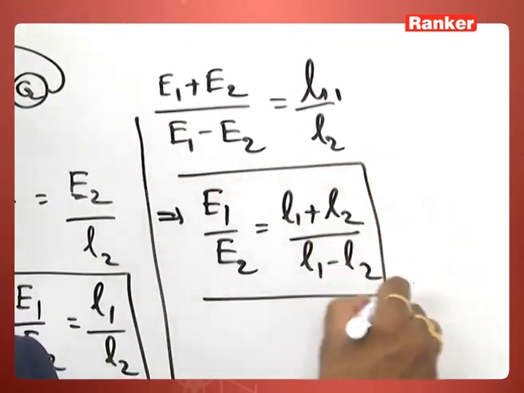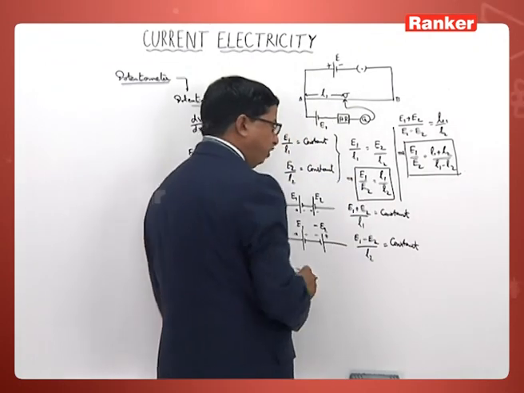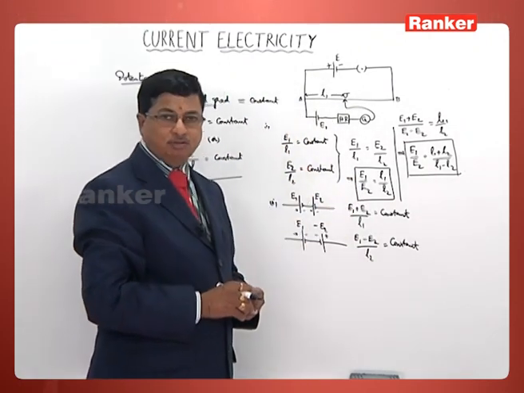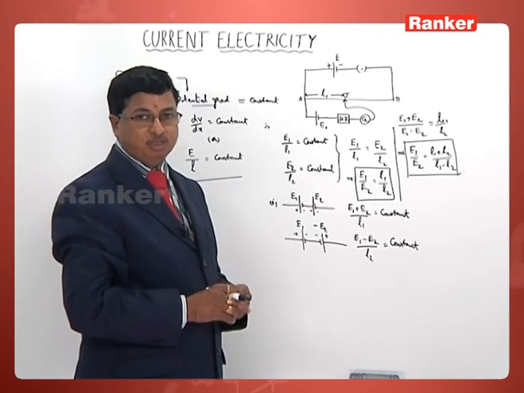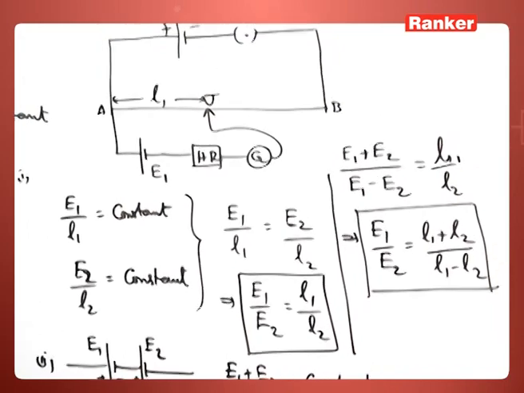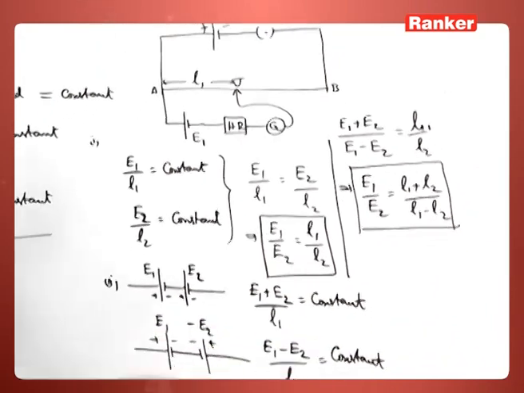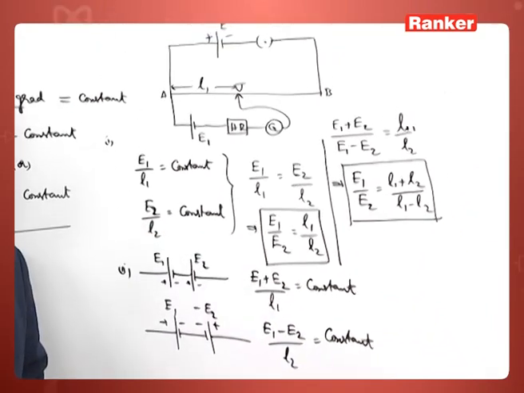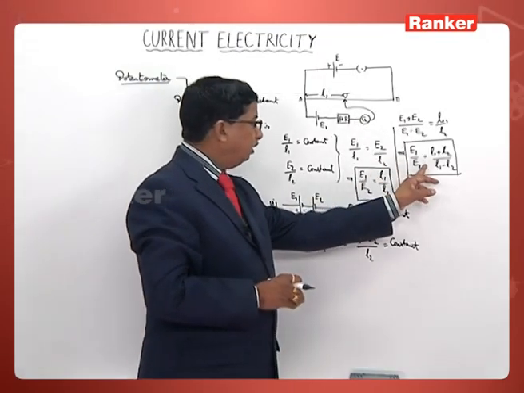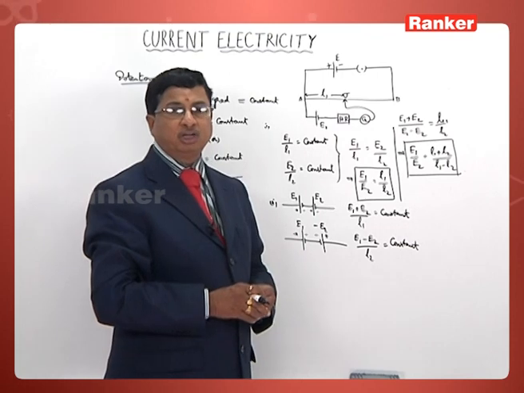This is another formula by means of which you can compare the EMFs of two given cells using a potentiometer. So, two different equations you have to remember. Applications on both the equations you will find, and particularly the second one is one of the very important concepts for you to remember.